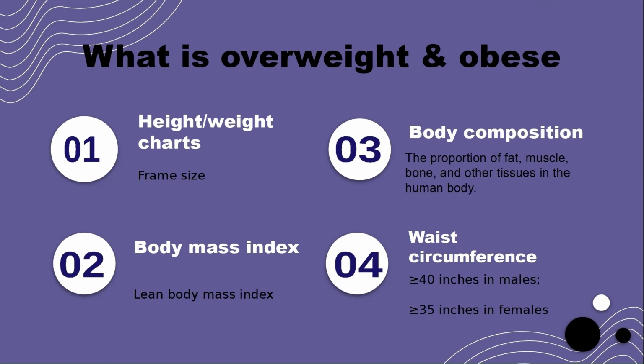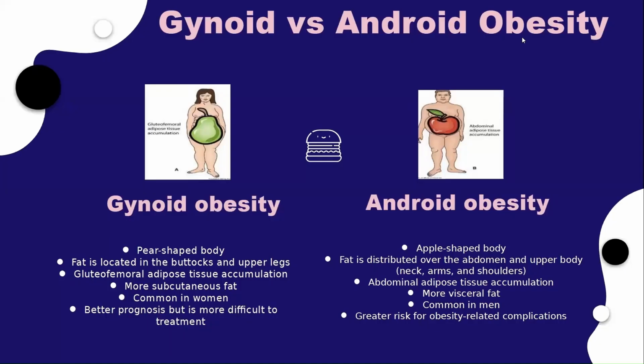This approach offers a more comprehensive evaluation, accounting for factors like bone structure, distinguishing between individuals with larger or smaller bone frames, and muscle mass, which can vary widely among individuals. So by incorporating frame size into the assessment, it provides a more nuanced understanding of body composition and weight status, allowing for more personalized health evaluations.